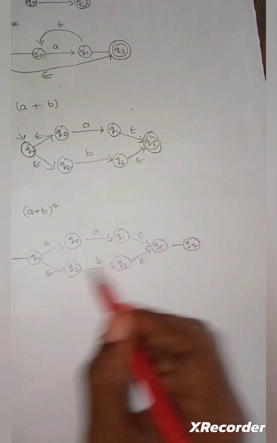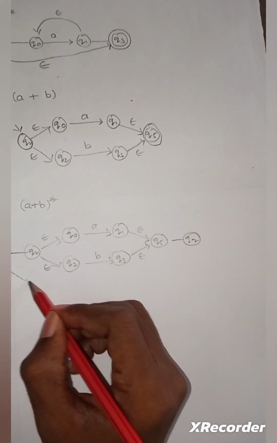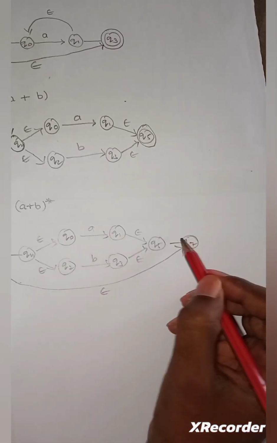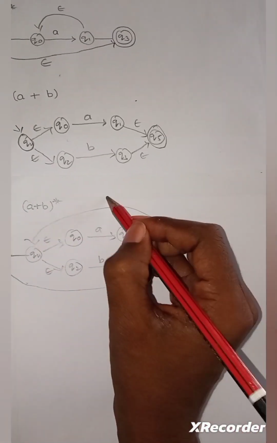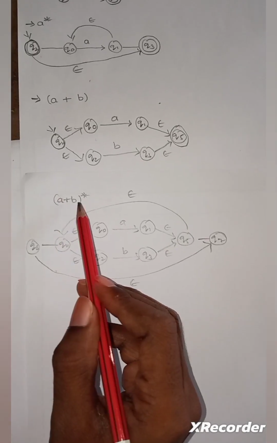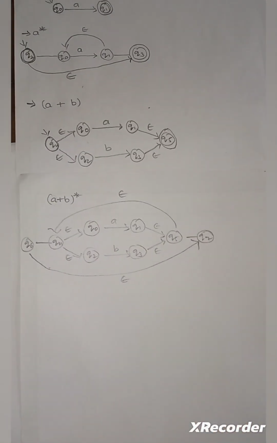After that, we connect q6, I mean the first state, to the last state by epsilon, and the second state from the ending to the second state from the beginning by epsilon. So this is how we need to convert (a+b)* to finite automata.